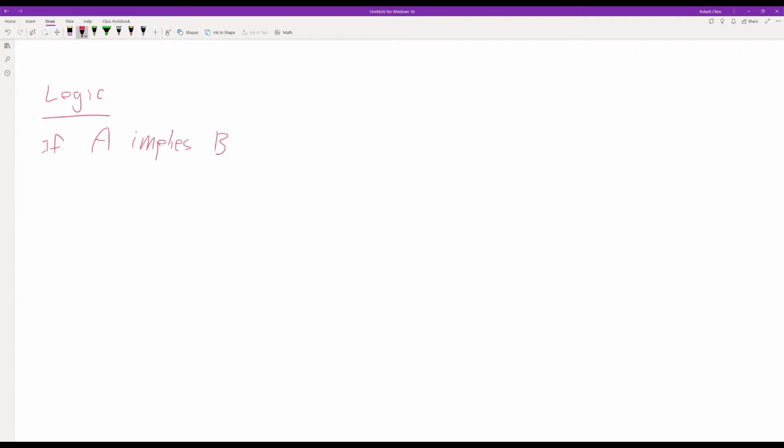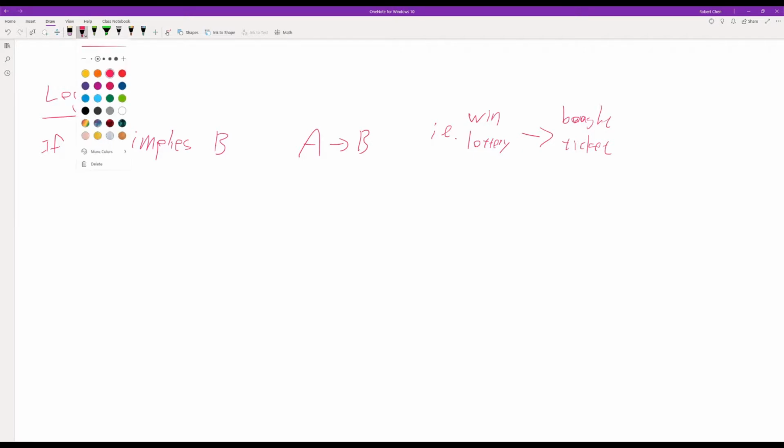In notation, we just write A arrow B. If this is true, a good example: if you win the lottery, that implies that you bought the ticket. I mean, that's pretty obvious, right? If you won the lottery, that means you spent some time to buy the ticket. But we want to talk about a variation of this.